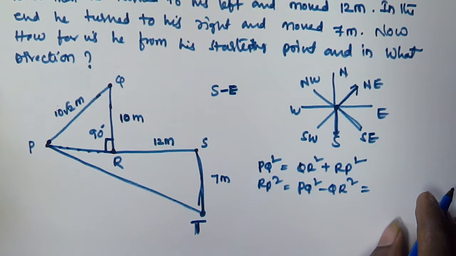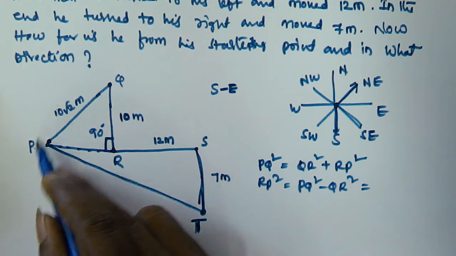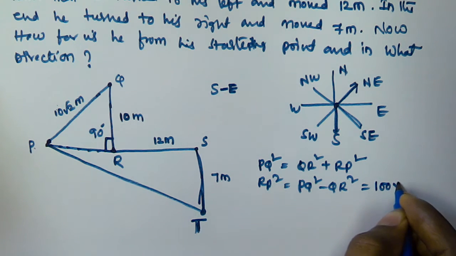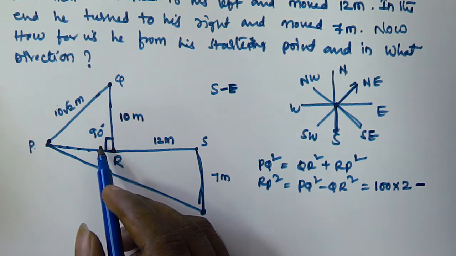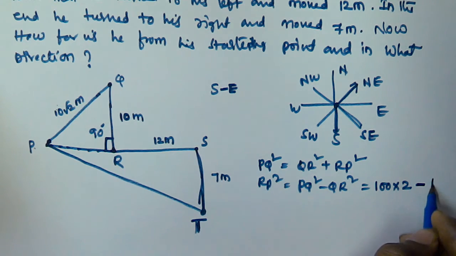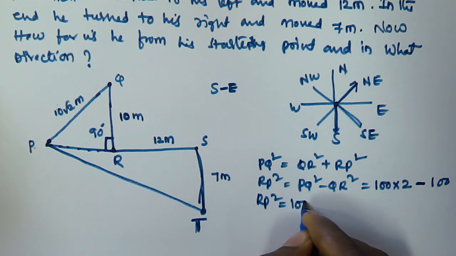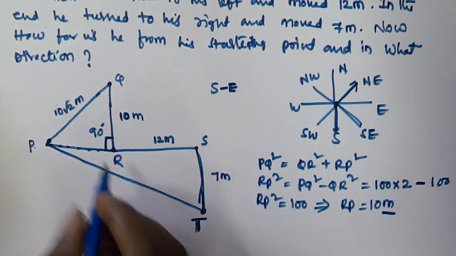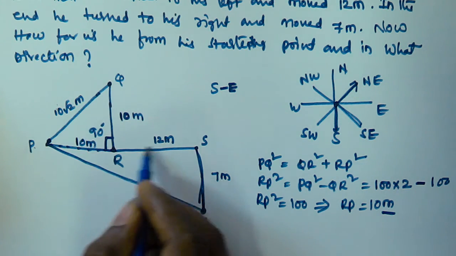RP square is equal to 10 root 2 square, which is 100 times 2, minus QR square. QR square is 10 square, which is 100. So RP square is equal to 100, so RP is equal to 10 meters. So this is 10 meters and this is 12 meters.